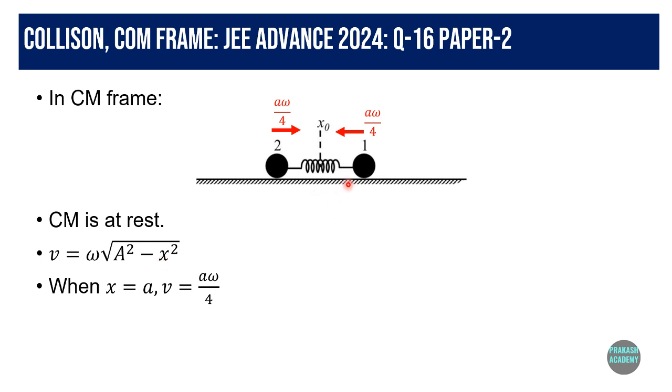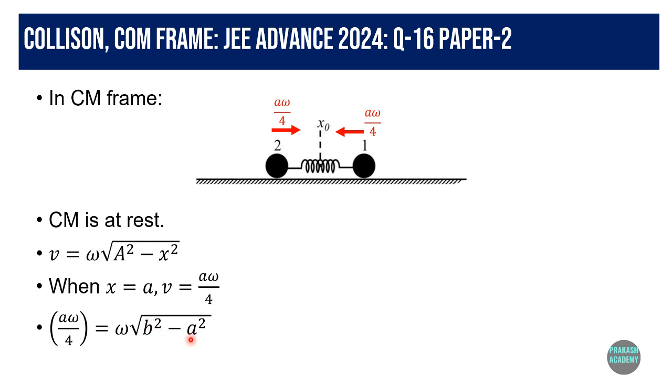Now this is at extreme position, this means x equals a and velocity is a omega by 4. So if I plug this in, this is a omega by 4 and this is omega, and in the question it is given that amplitude is b, so this is b square, and x at this instant is a because this is at its extreme position.